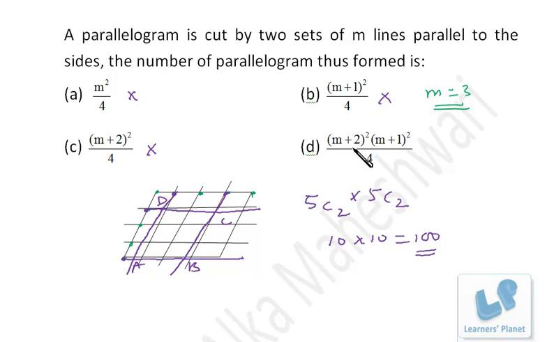We just put the value M is equal to 3. So 3 plus 2, 5 square, that is 25, into 3 plus 1, that is 4 square, that is 4 into 4 by 4. So it's 100, right? So when M is equal to 3, the answer is 100. So we put the value of M as 3 and got the correct choice, right?